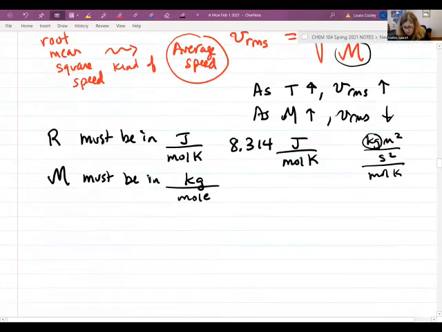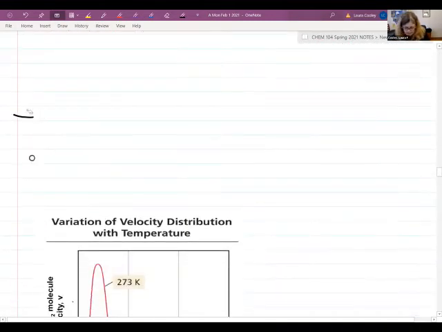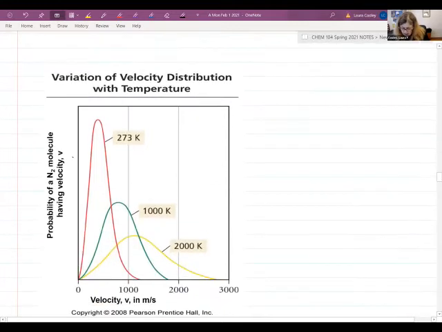All right, I'm going to show you some prettier pictures of these. What this is showing is basically 3 different temperatures. You can see that as the temperature increases, your speeds go to higher speeds, right?